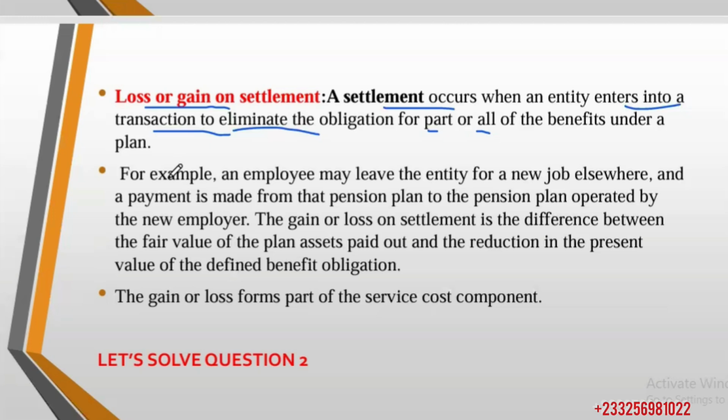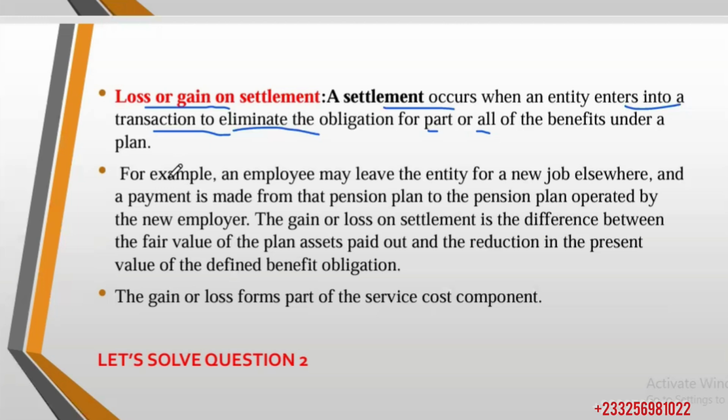So we said settlement happens when the entity tries to eliminate the obligation for all or part of the benefit, right? So if you are settling them, you are eliminating the obligation of the benefit, so that one day they will not come to you again.